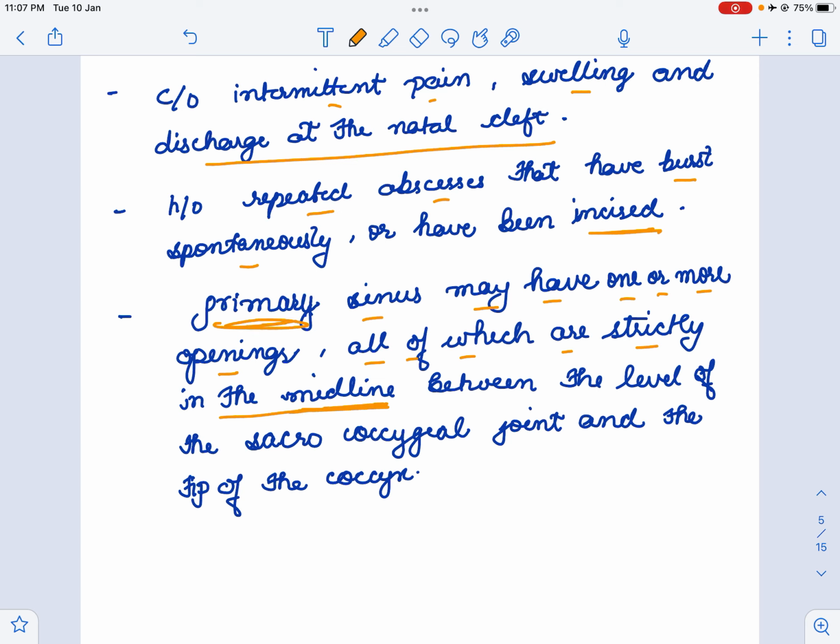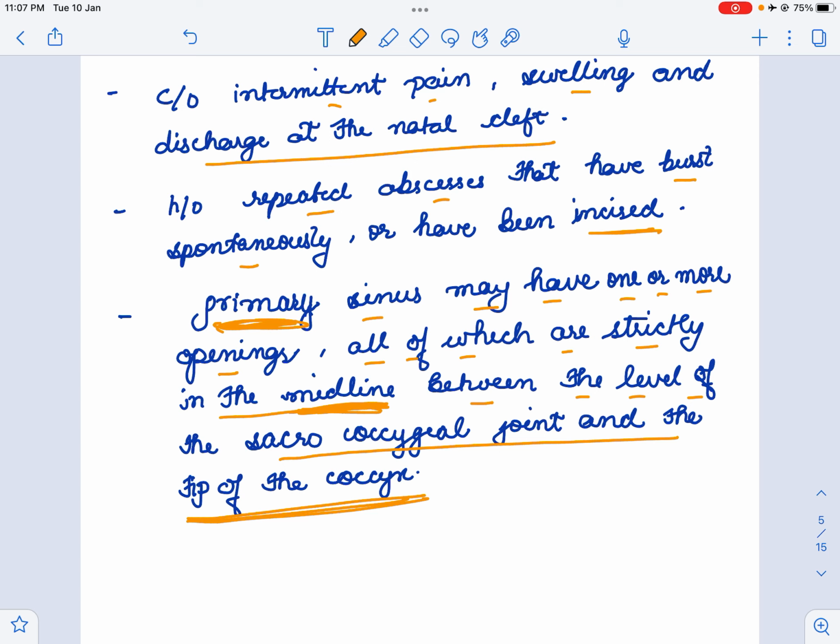The primary sinus is always present in the midline. The secondary sinuses may go in a lateral direction, but the primary sinus is always in the midline. It is between the level of the sacrococcygeal joint and the tip of the coccyx.